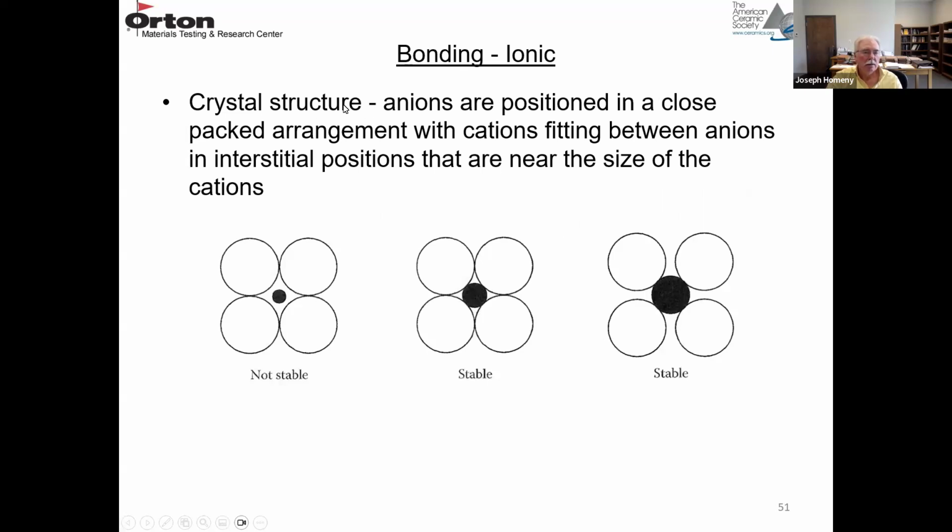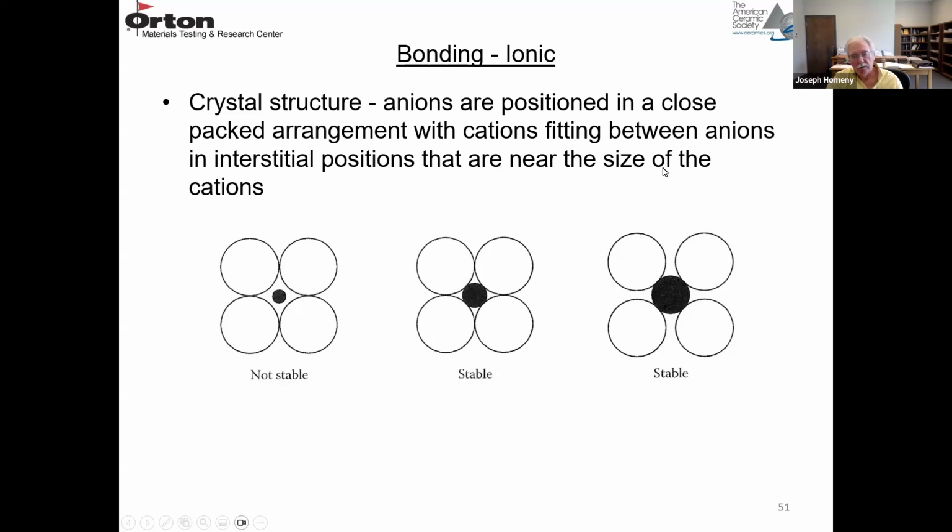So in our crystal structures for ionic materials, the anions, the negatively charged ions, are positioned in a close-packed arrangement. And then the cations, the positively charged ions, fit between the anions in the interstitial positions.